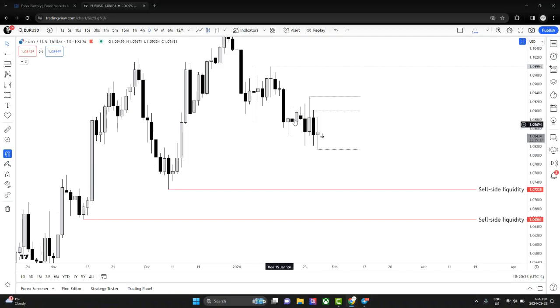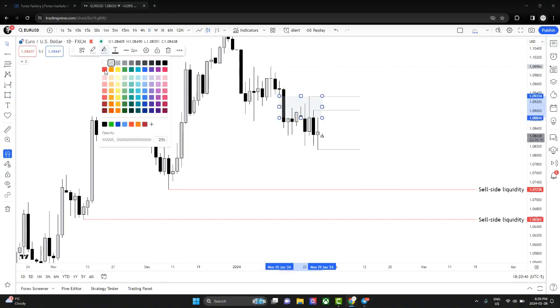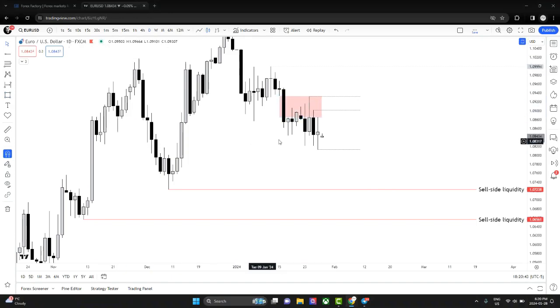Do you remember the last review analysis that we did last Sunday, where I highlighted this gap right here? This fair value gap right here is where I highlighted. Most of you guys remember, I think. I would like to see price go in here before I do something, right?